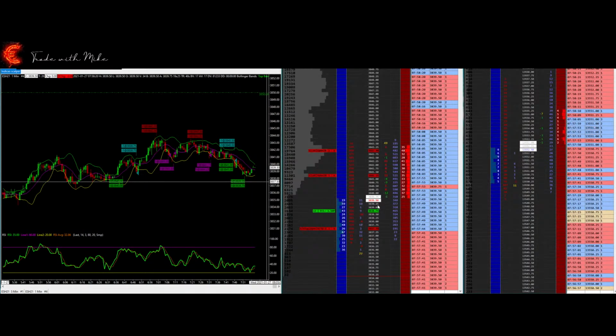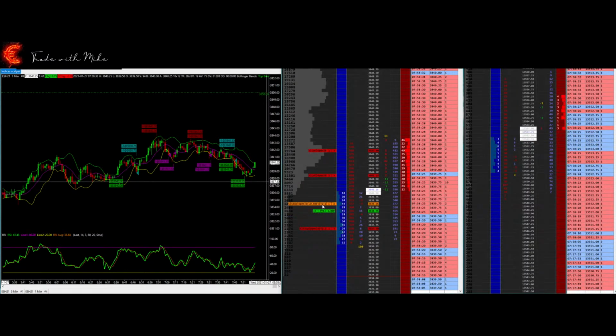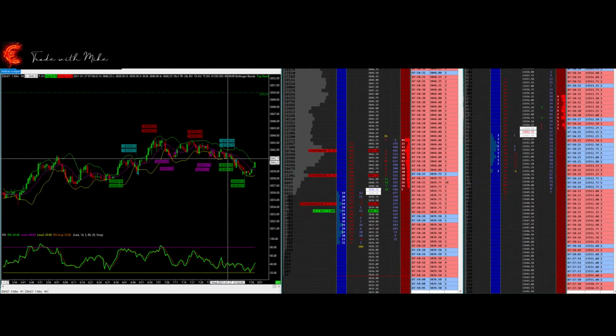So I'm up the full handle, so 4 ticks. If I would close my trade here, I would already be in plus, so I would cover my previous loss.